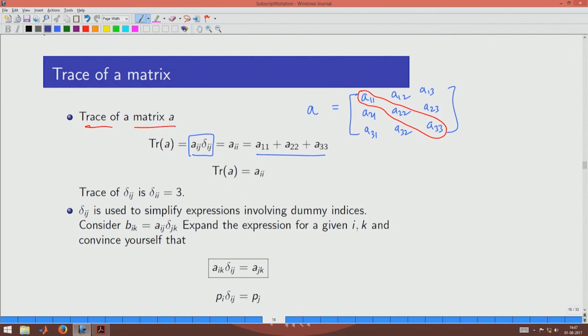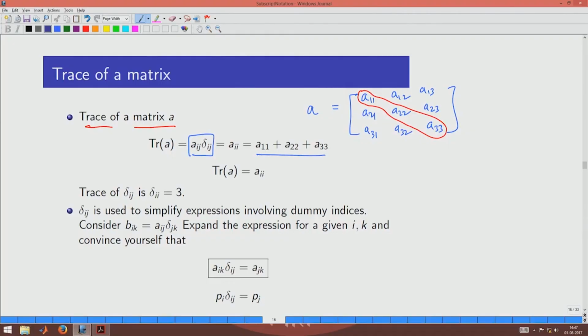So, this is the idea. Whenever you take a second order tensor, a matrix that has 9 elements, and if you multiply with the Kronecker delta such that both the indices are being contracted, then the outcome is nothing but just the trace. Okay. And because there are no subscripts for this quantity, both the indices i and j are dummy indices.